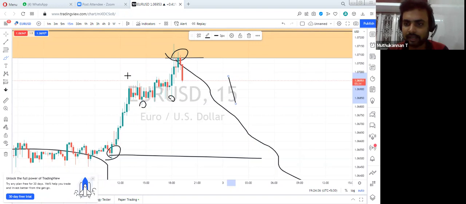Guys, please give me some time. That Bank Nifty chart, I'll show you, no problem. Bank Nifty has more different logics we need to include, right? The Indian market has a lot of gap ups and gap downs, right? So I think it is appropriate to show you the Bank Nifty charts tomorrow, because tomorrow we'll be learning more concepts.